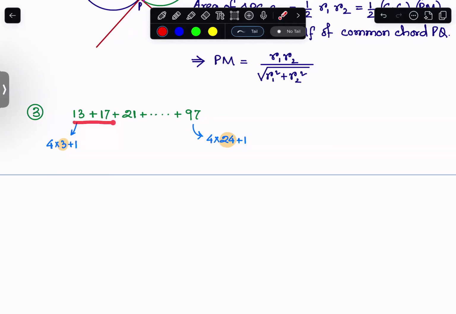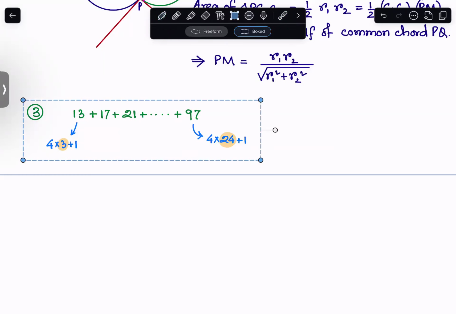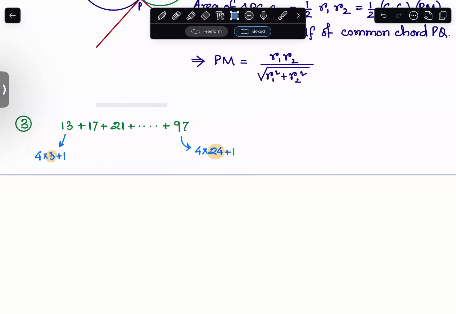The numbers following any particular pattern, any progression, or any specific sequence? AP. Very good. So as it is AP, you do know the common difference. So number of terms is 24 minus 3 plus 1.